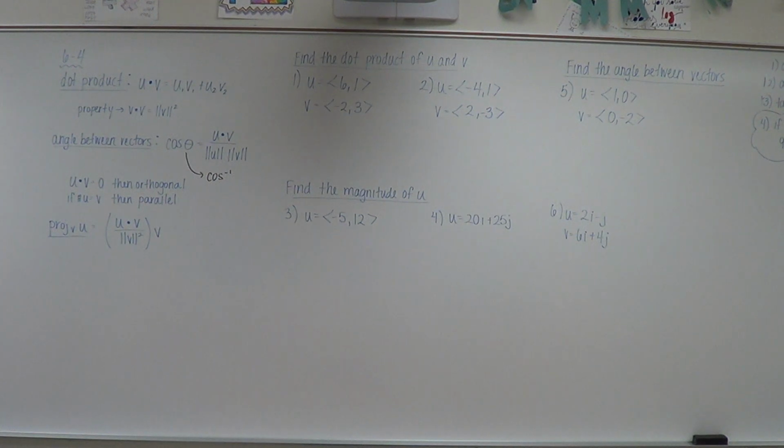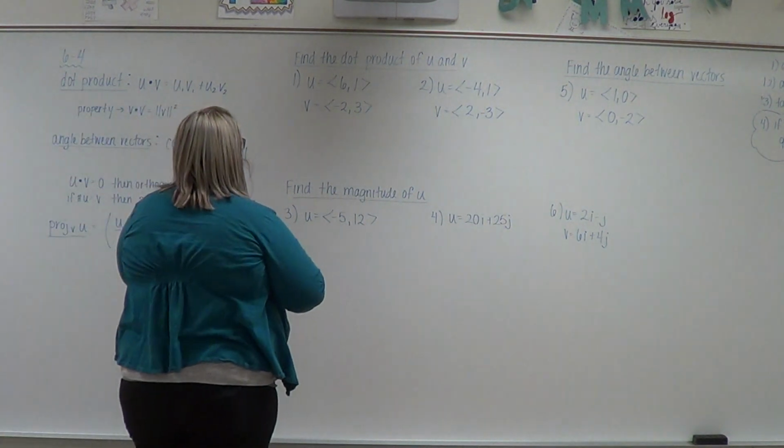So now we'll do some examples. For the first part, we're just doing the dot product of u and v.